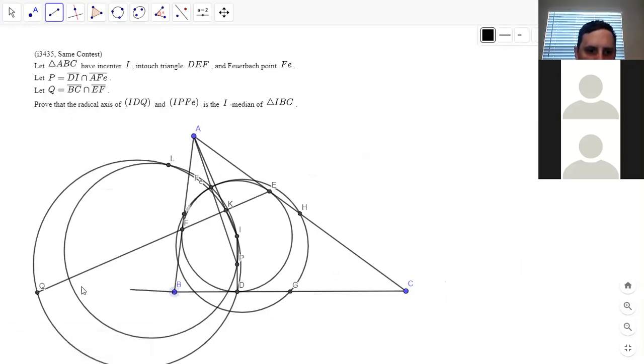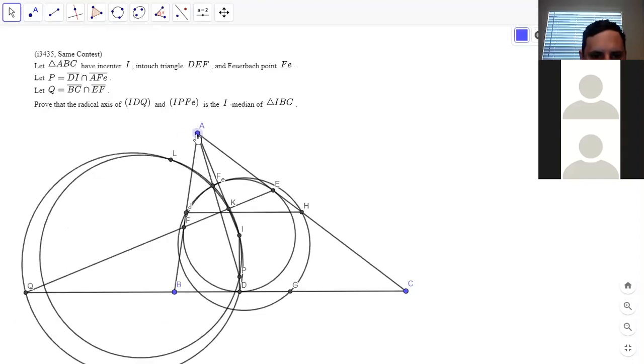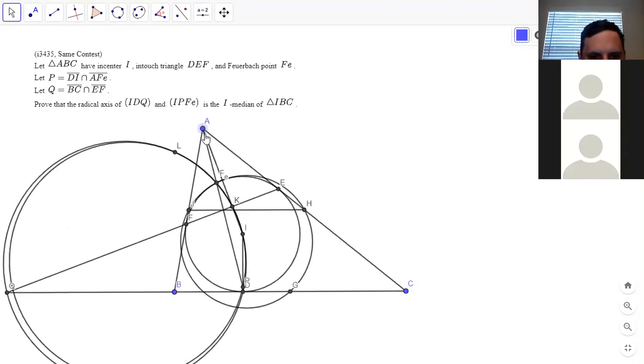Okay. DFE, HJ, and EF concur. HJ and EF, and DFE. Have you used that fact some in a problem before? Wait. DFE.